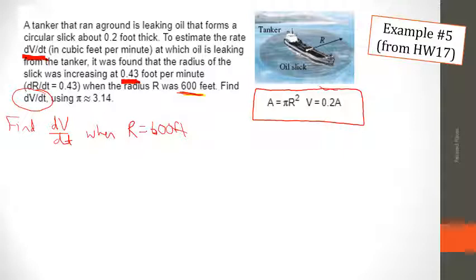So if I take A equals pi r squared, I can put in my radius of 600 and find A and plug that in over here for A, but the only problem is then I won't have a variable to take a derivative with. So I'm going to take both of those and take the derivative of them with respect to time.